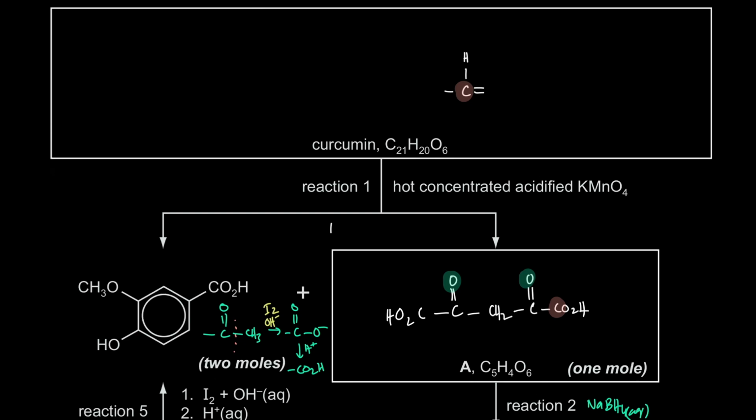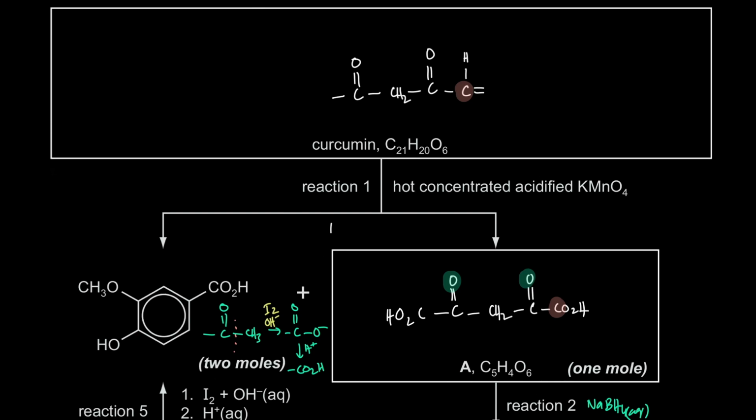Now this carbon is bonded to a C double bond O. Again, remember curcumin does react with 2,4-DNPH, so the ketone is still there. We have a CH2, we have another C double bond O, and then this carboxyl group was also a result of the strong oxidation of the alkene, again because curcumin did not have a carboxyl group.